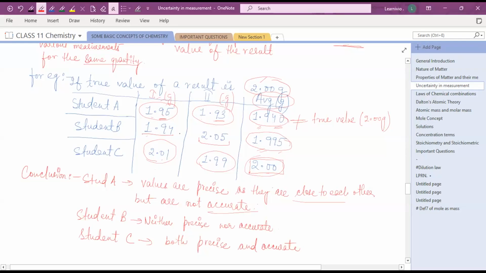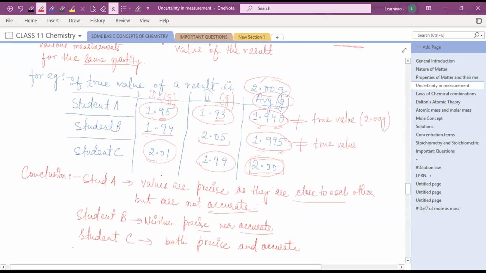The values are not very close to each other, so student B's results are not precise. For accuracy, we just see the average, and again it is not equal to the true value. So student B's readings are neither precise nor accurate.